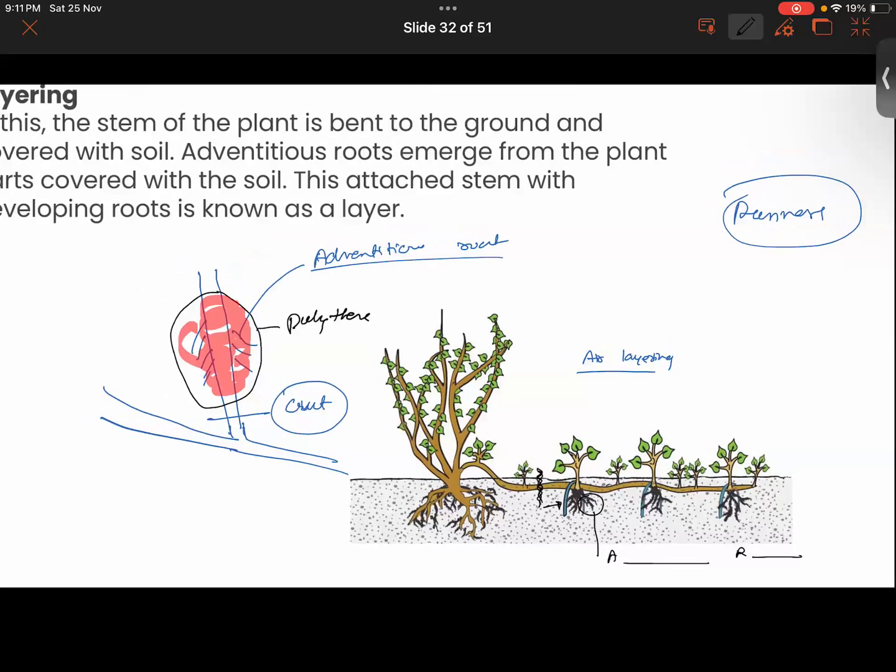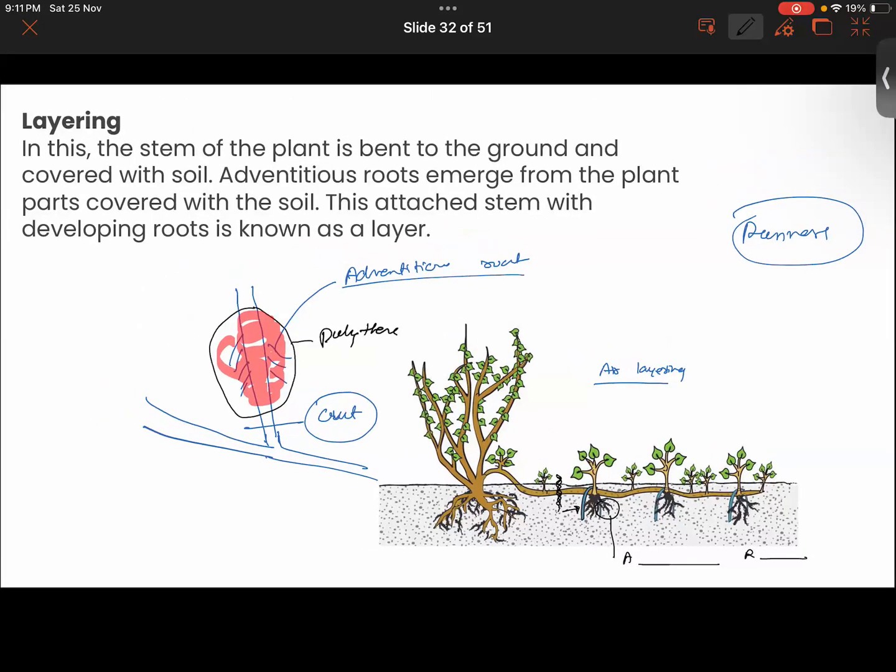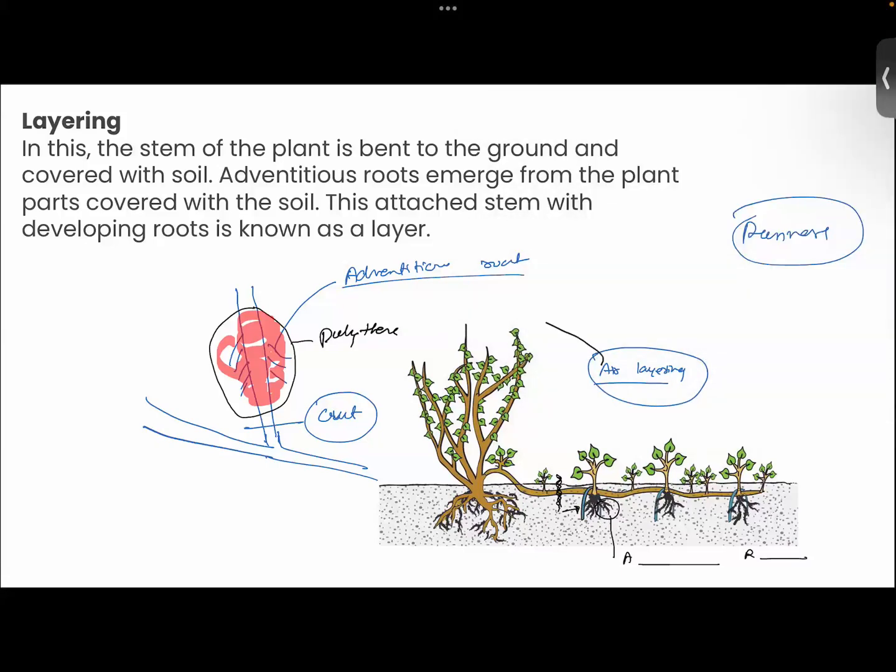No, you guys haven't got it. Look over here. Air layering now, guys, is being referred to this over here. When we do it in the branches that are not close to the ground, in the canopy or in the upper portion of the plant.